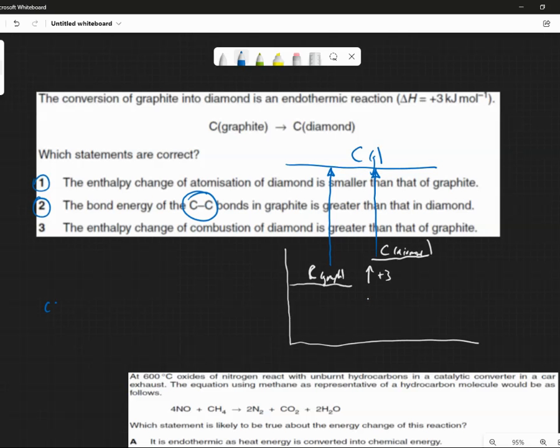If I break C-Cs in diamond and get carbon, but do it in graphite, it's going to cost me 3 kilojoules per mole more. That means the carbon-carbon bonds in graphite must be stronger, because it's costing me more energy to break them up. Does that make sense?